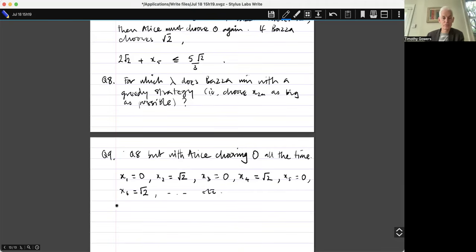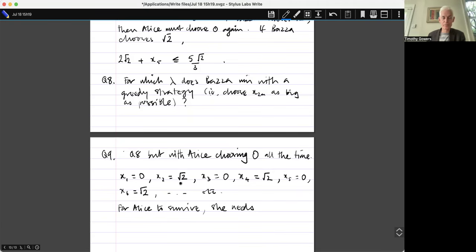For Alice to survive, what happens at stage 2n plus 1?